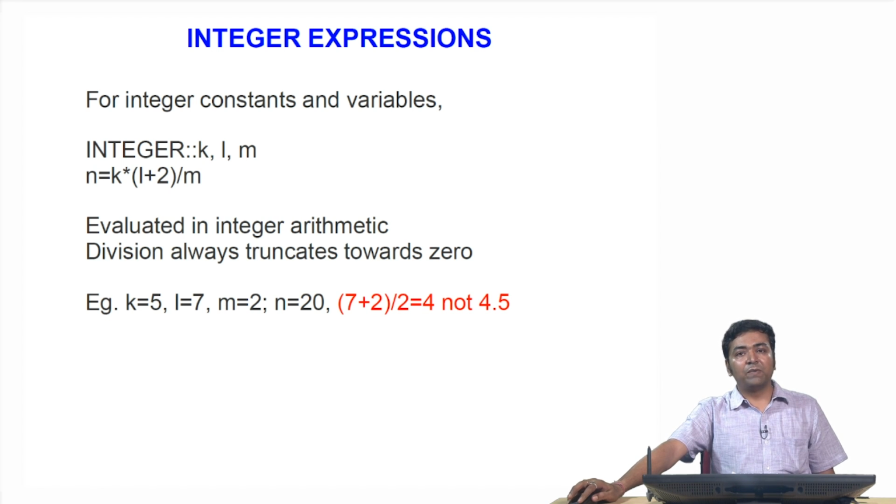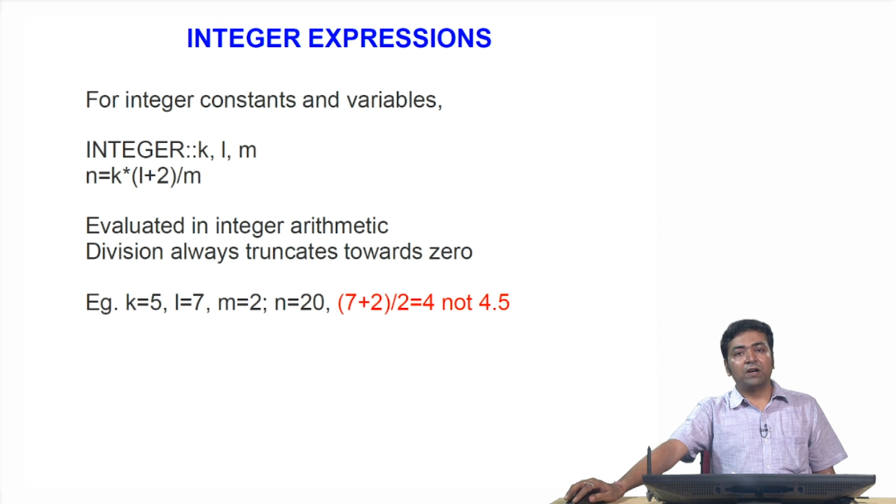If we do normal mathematics, taking these values of say k equals 5, l equals 7, m equals 2, n equals 20, what we would expect in normal mathematics is a value of 4.5, but if you do the integer arithmetic, you will get a value of 4.